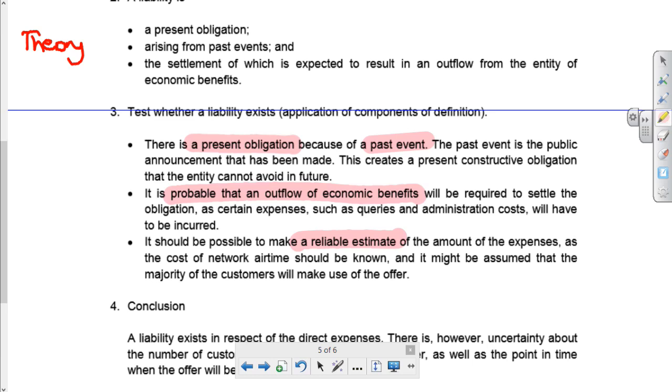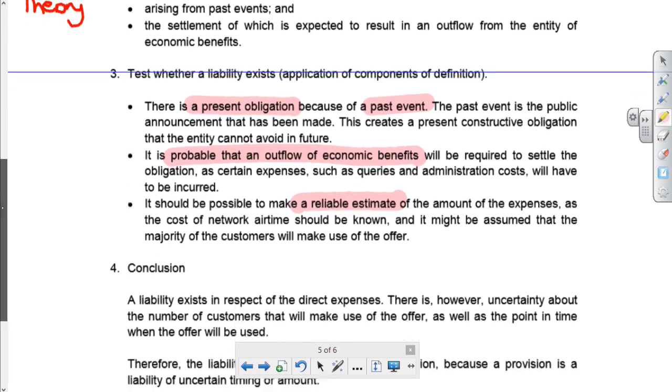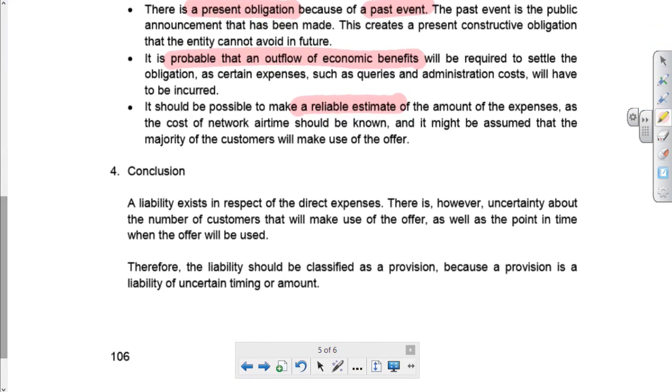So in this case, all of the conditions are met, and so they say that there is a liability and it should be recognized for those costs. I'm assuming the costs aren't going to be massive, isn't it? I don't know. It doesn't sound like massive costs. For you to meet that, your current network will meet it, isn't it? If there are costs, it will just be administrative, sort of back office type things.